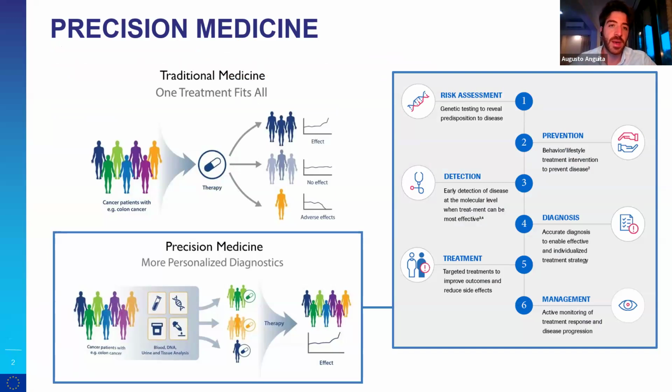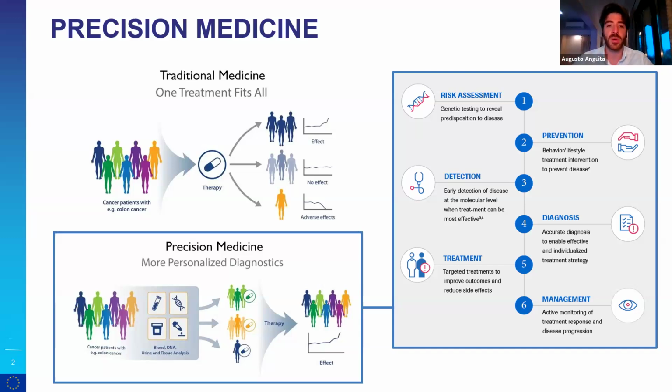As we all know, in contrast to the traditional medicine motto of one treatment fits all, in precision medicine, we pursue more personalized healthcare, and we can achieve it by analyzing, for example, molecular data.